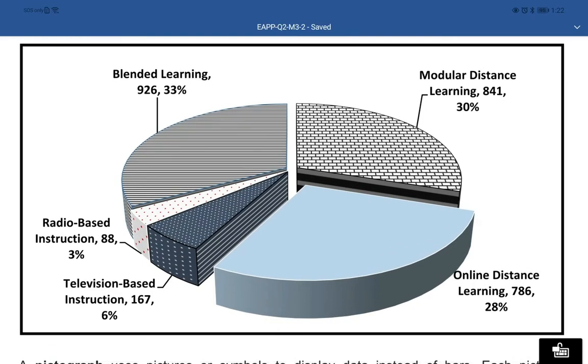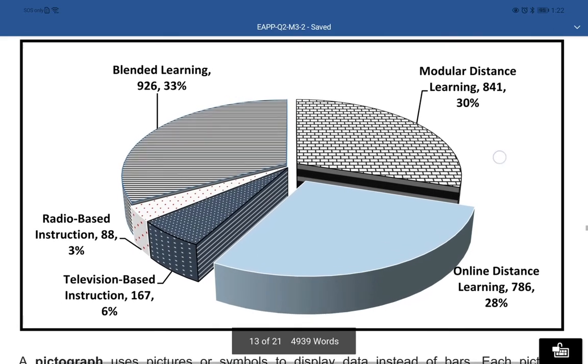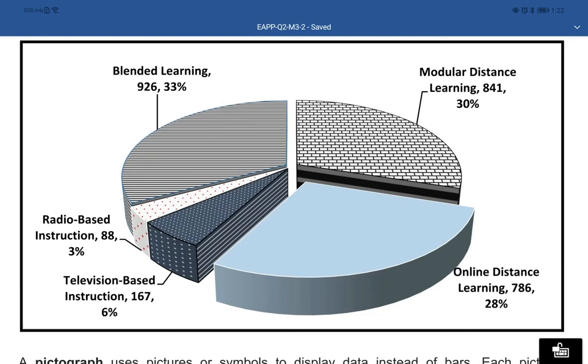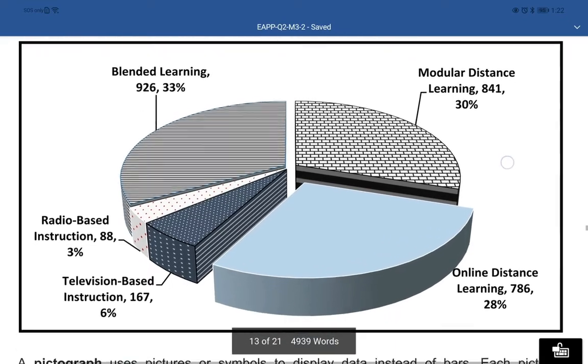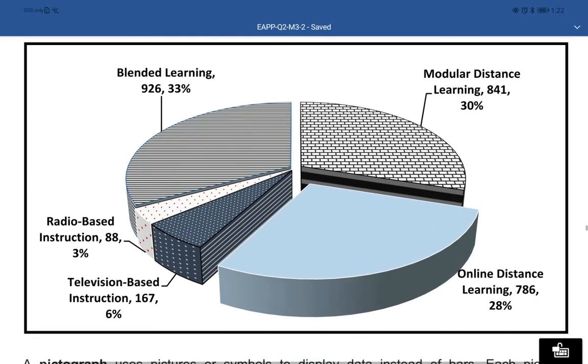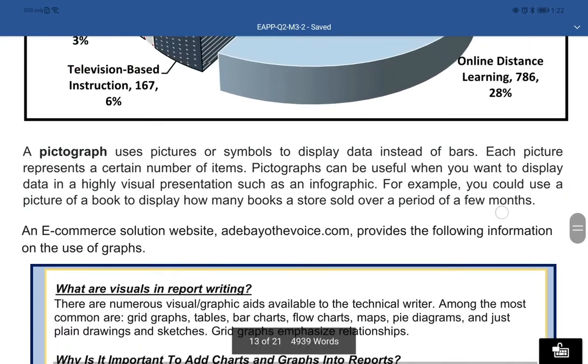Look at this example. Yan. So, ito yung example ng pie graph showing the result of a survey of parents' most preferred learning modalities for their children for this school year 2020-2021. Yan. So, may 5 tayong parts dito sa kabuuan.